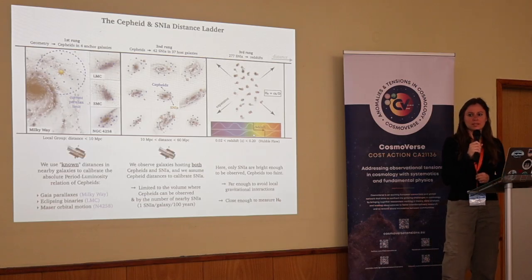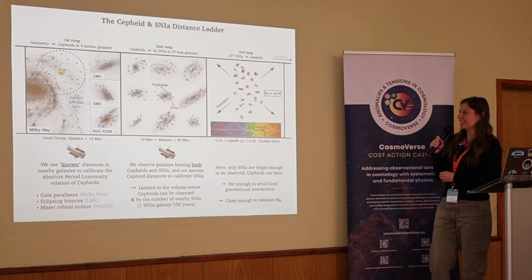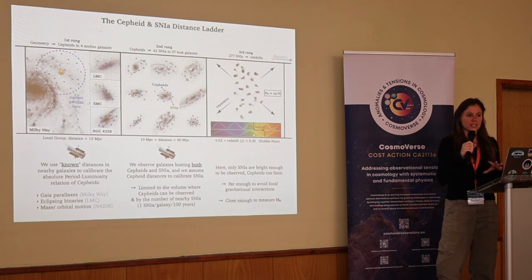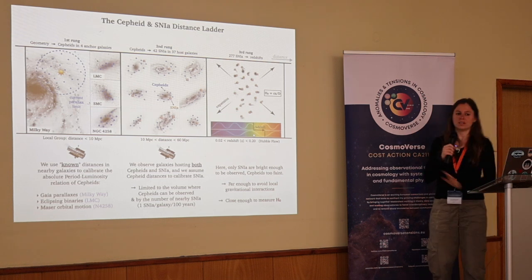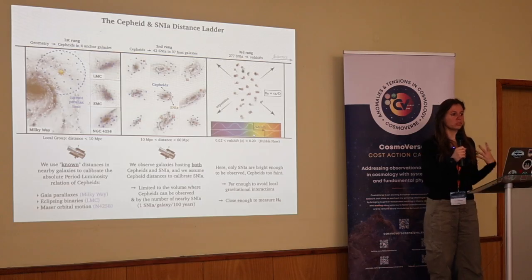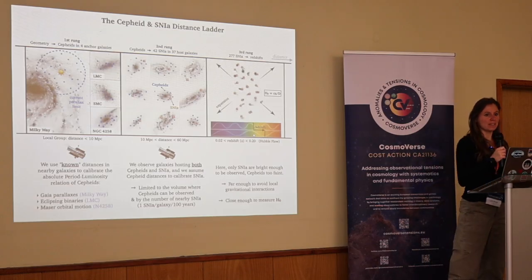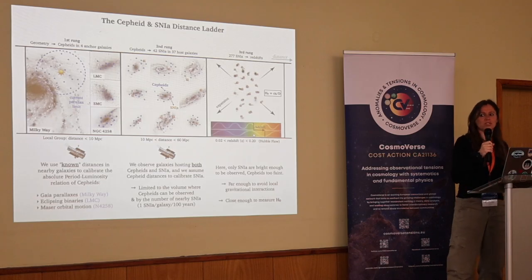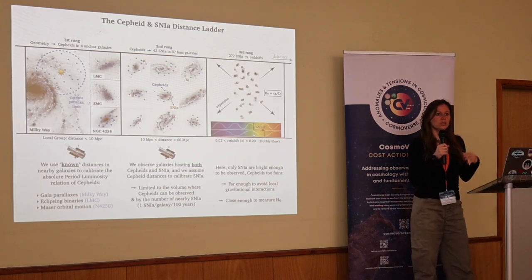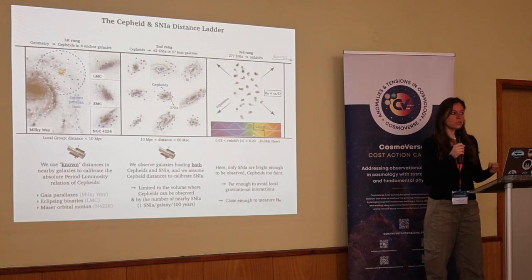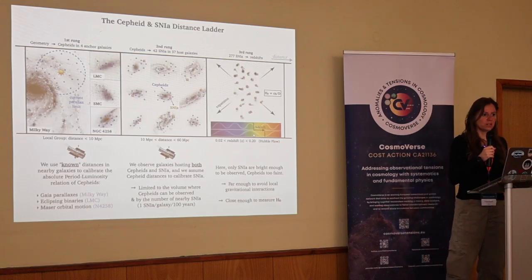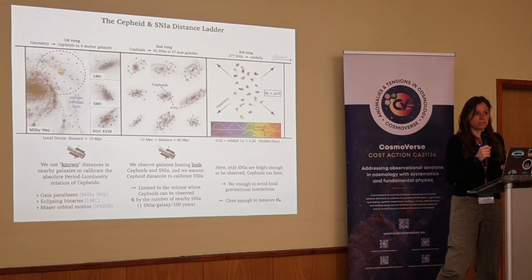Something that's important that I wanted to mention is that the Cepheids on the first and second rung, basically every Cepheid in that method, are observed with the Hubble Space Telescope. And why is it important? Because if you use different telescopes, or even the same telescope but different cameras or different instruments, then you introduce systematics. You introduce photometric inhomogeneity.